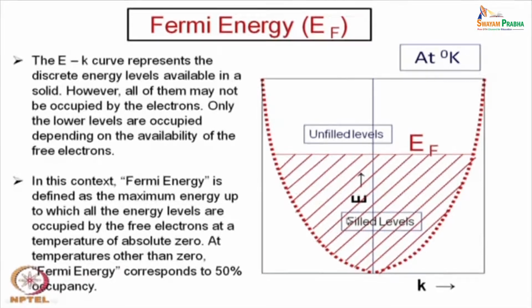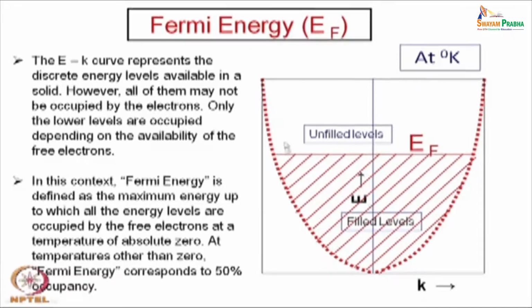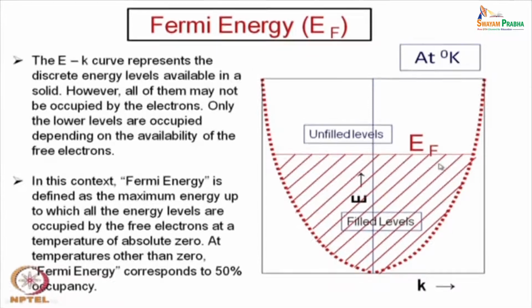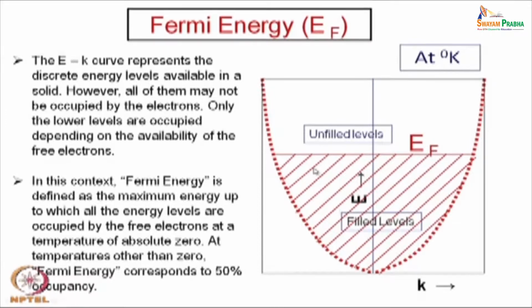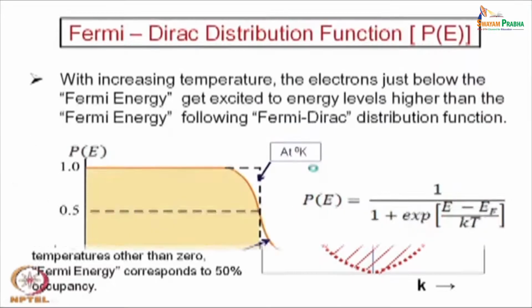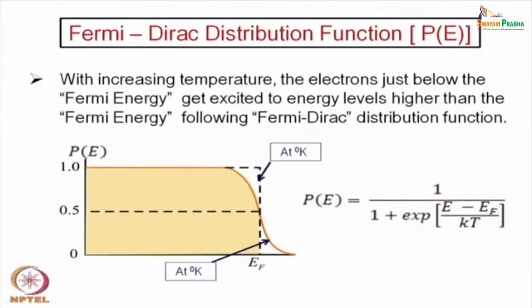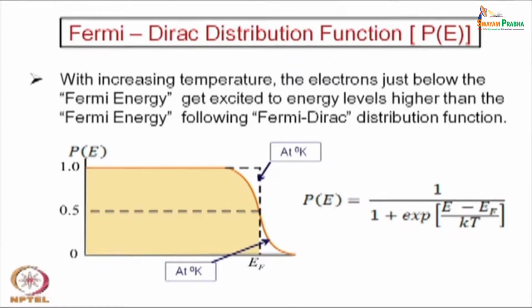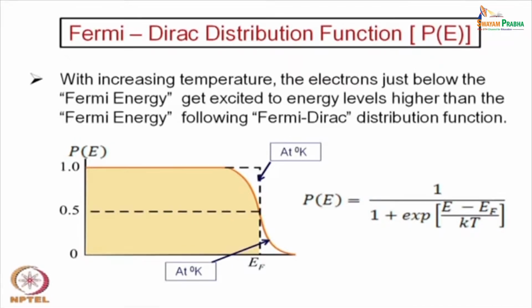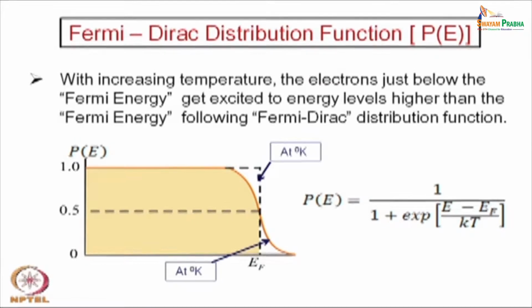Next, we talk about the temperature effect. This is what we get at absolute 0, the E versus k curve, E is proportional to k squared. If we want to look at the temperature effect on this distribution of occupancy, we have seen that either there is 100% occupancy or 0% occupancy.